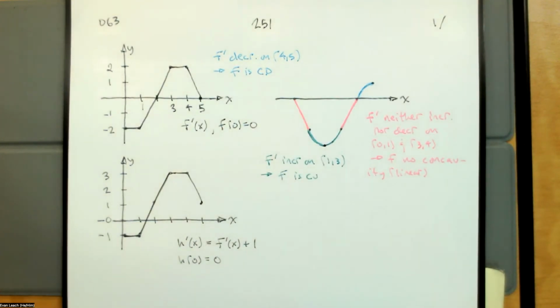The derivative is decreasing and positive, so we should see a function that is concave down and increasing. The area is 1, so we see the function increase by 1.